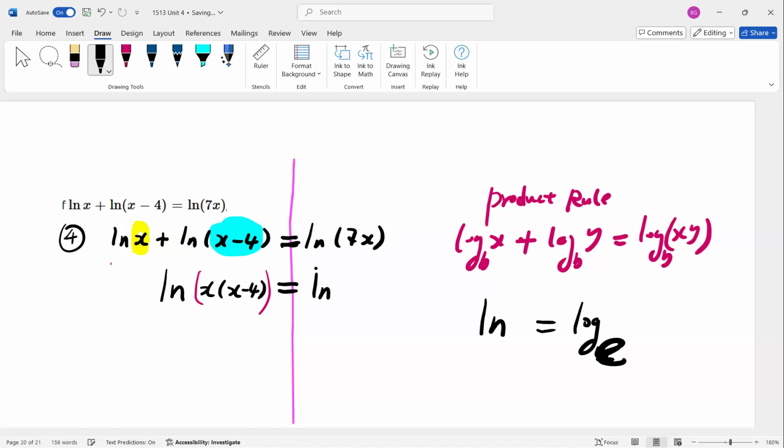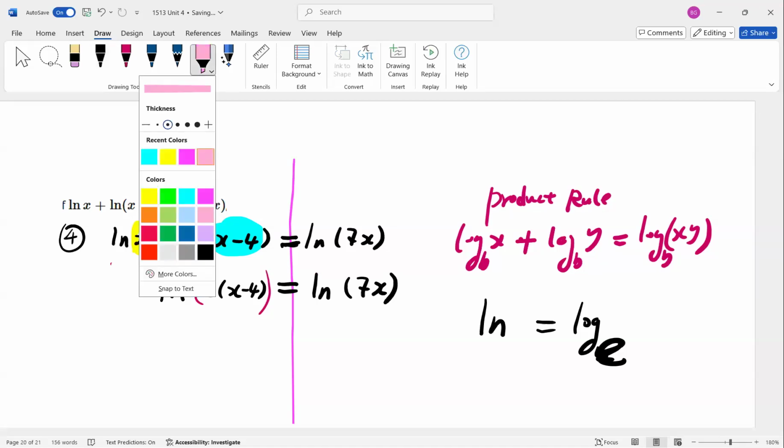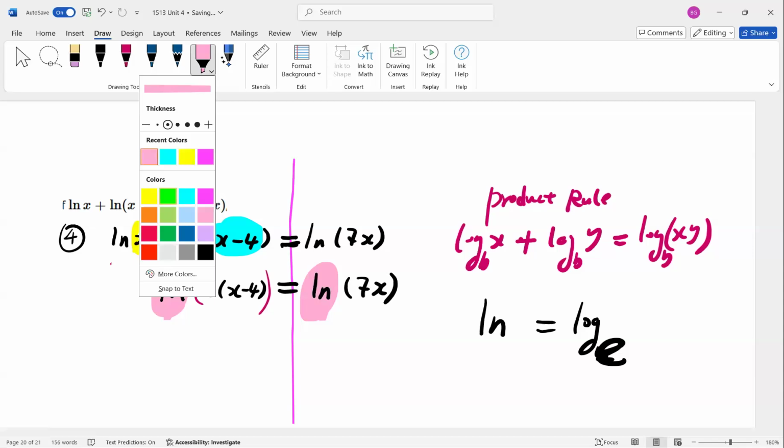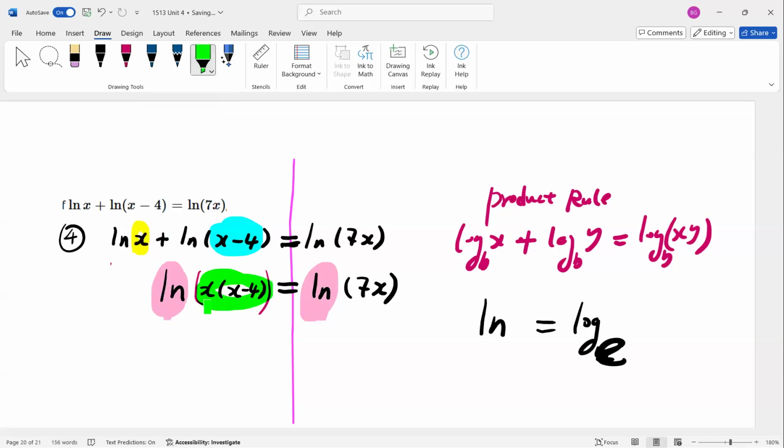Good thing. We don't really have to condense by moving ln 7x over, because the left side equals the right side, right? This part, the pink part, is the same. That should lead to the green part being the same. You see what I'm talking about?